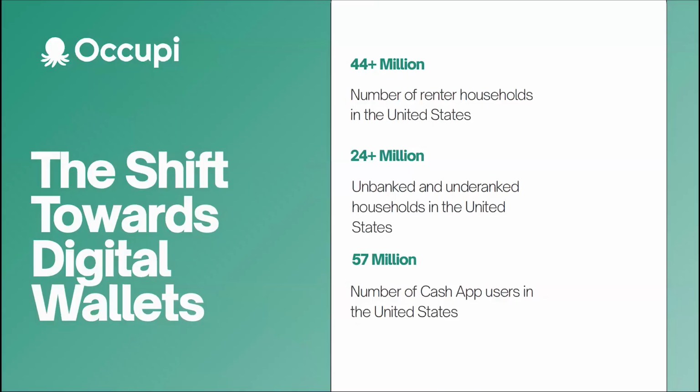Can I make a payment with Chime? Can I make a payment with Venmo? That's because the numbers are growing substantially for these cash wallet companies and also for the support that they offer. As you can see, the number of Cash App users has gotten to the point where it's exceeded the number of rental households in the US.